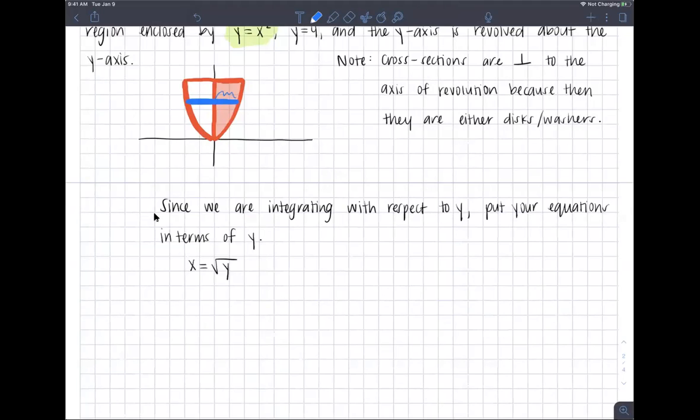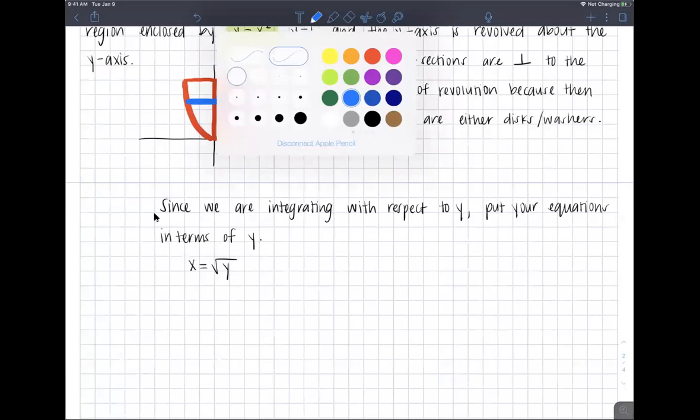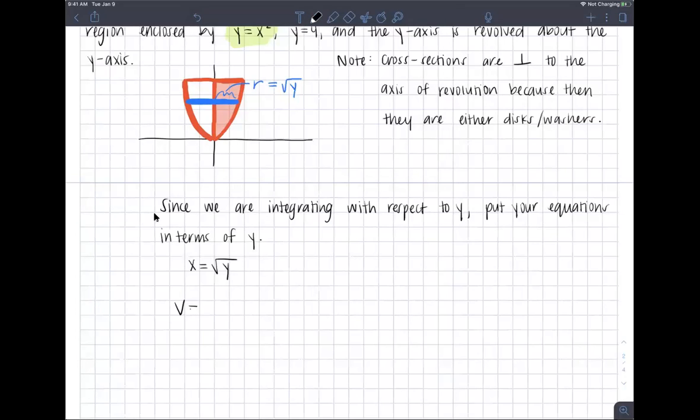And so when you integrate with respect to the variable, the opposite one, not the one that gives you height. And so here, this is going to be r, where r is given to you by the square root of y. And since we're still looking at circles, it's still the area of a circle. So you're going to have the volume. And then now that I'm integrating with respect to y, what are my limits going to be?